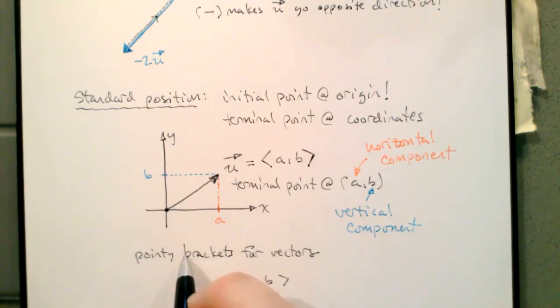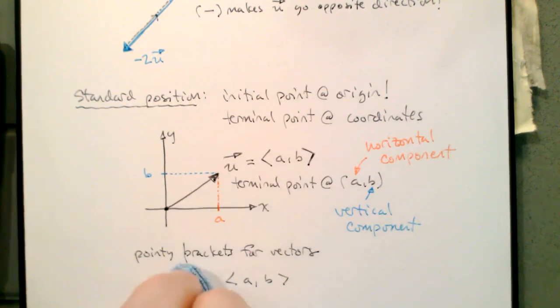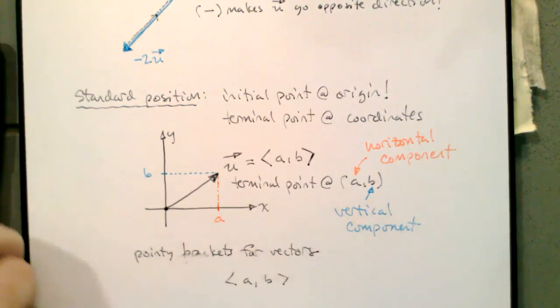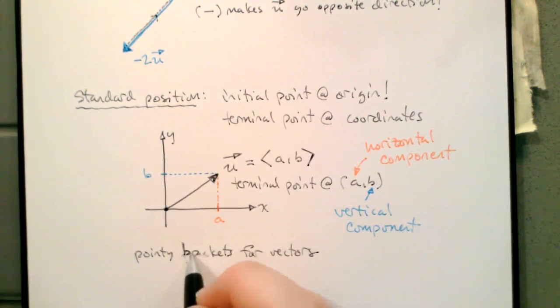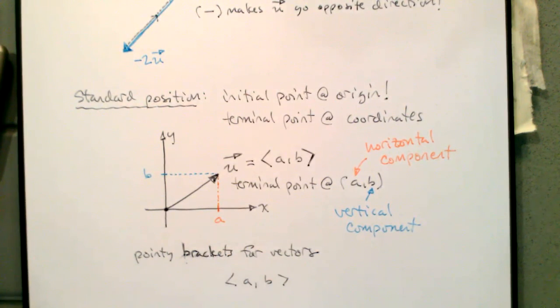So a common notation would be to use pointy brackets for vectors. Another common notation would just be to put the terminal point in parentheses and call that a vector, and just rely on your reader to be clear from context. But since we're new, we're going to use special pointy brackets to say this is a vector, not a point.